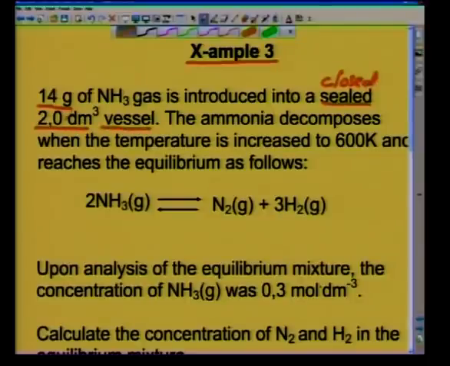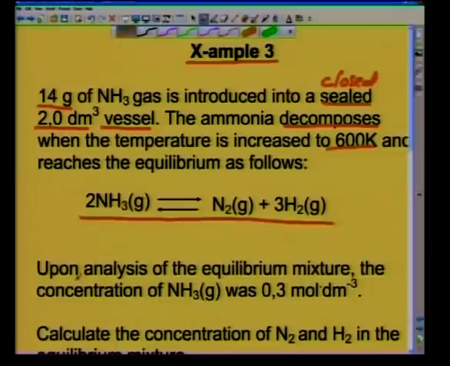The volume of that vessel is 2.0 cubic decimeter. The ammonia decomposes when the temperature is increased to 600 Kelvin, and reaches equilibrium as follows. So there is equilibrium reached here, and the equation is that one there.